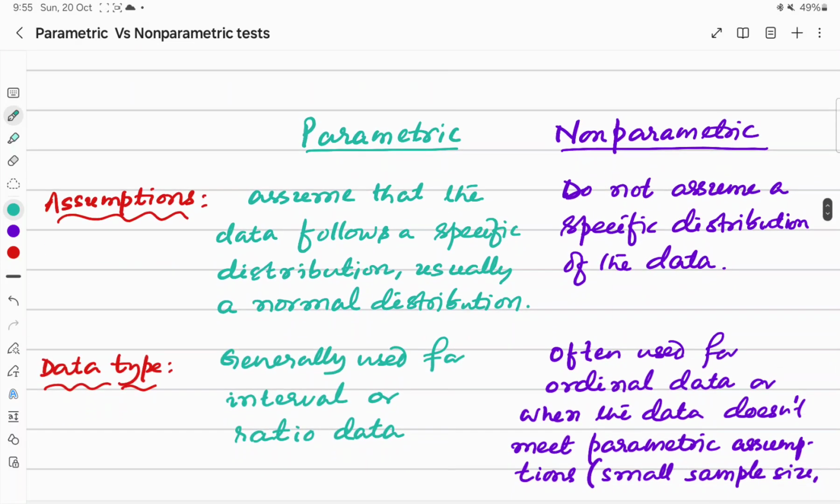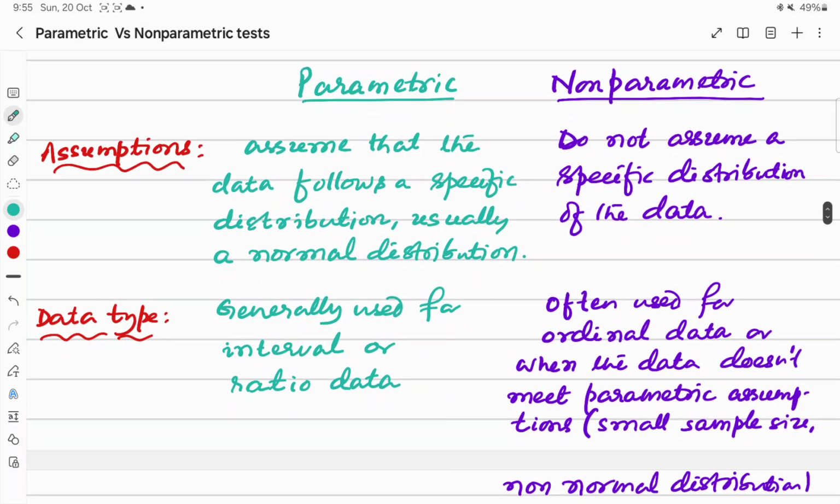So now, point-wise, let us discuss the difference between parametric and non-parametric tests. Assumption: we assume that the data follows a specific distribution, usually a normal distribution, in parametric tests. We do not assume a specific distribution of the data in case of non-parametric tests.